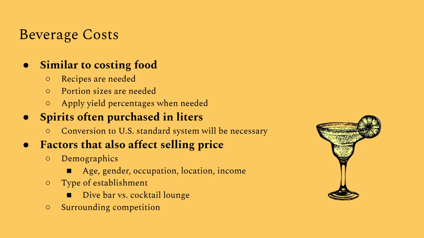But the age, gender, main occupations, location, and income of your clientele deeply impact how much or how little you need to set your selling prices at to be successful.